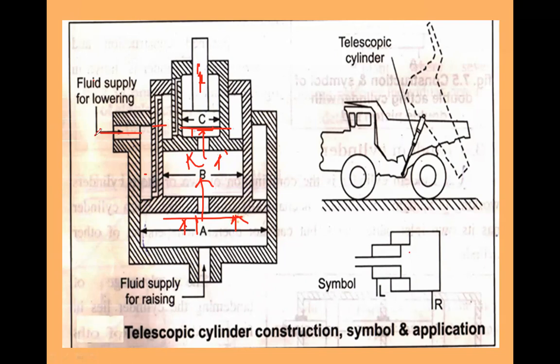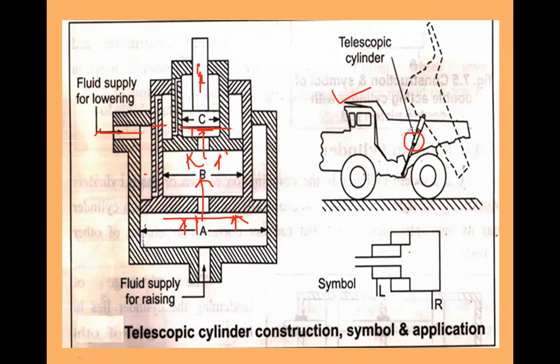So this type of telescopic cylinder you might have seen in the dumper or tipper, whatever I have shown in the diagram. Everybody has seen our dumpers or tippers. That cylinder is called a telescopic cylinder.